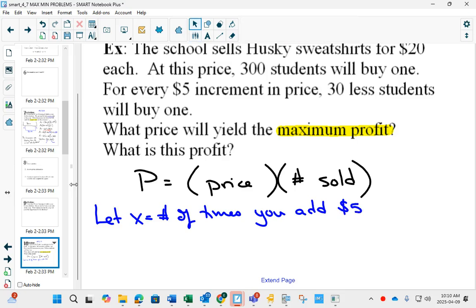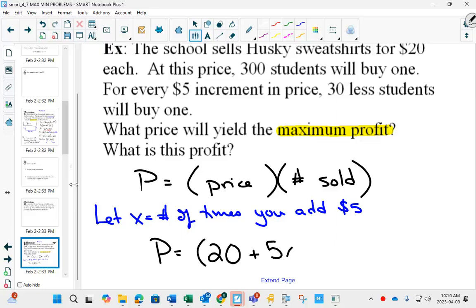We're going to choose x to be the number of times we add $5. So what is the price? Well, the price started at $20. And if you added $5 once, it would be $25, right? If x is 2, you added $5 twice, the price would be $30.